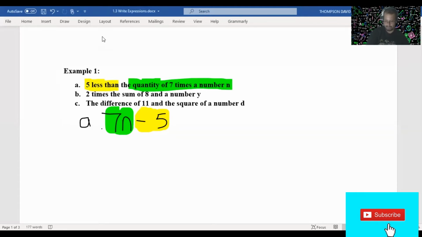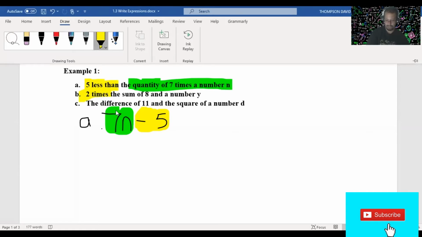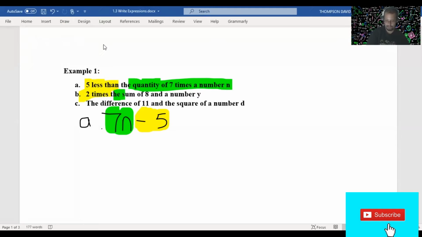Part B, 2 times the sum of 8 and a number y. So we'll highlight the 2 times part in yellow, that indicates multiplication. We'll highlight the sum of 8 and the number y in green.